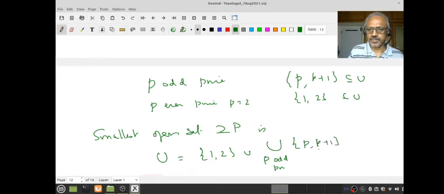Because these are all open sets, and a union of open sets in a topology is open, this union is open. Okay, this is an open set. And why is it the smallest? Because whenever U is open, if an odd prime P belongs to it, I know P and P plus 1 must be there. And similarly, if P is 2, which is even, then 1 and 2 must be there. You follow that? Therefore this is the smallest.